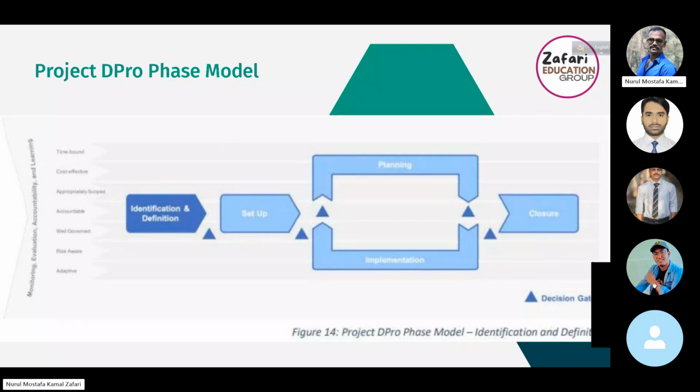People who are working in the development sector and who want to work in the development sector commonly know about development projects, and people who are working in the humanitarian sector also know about the humanitarian sector.